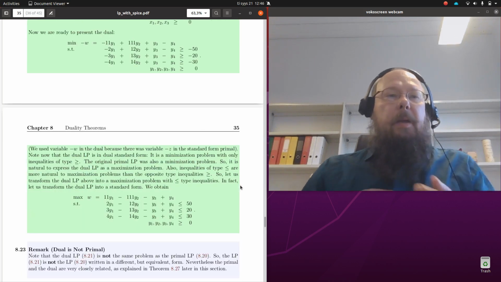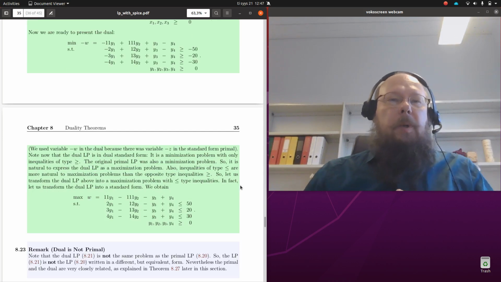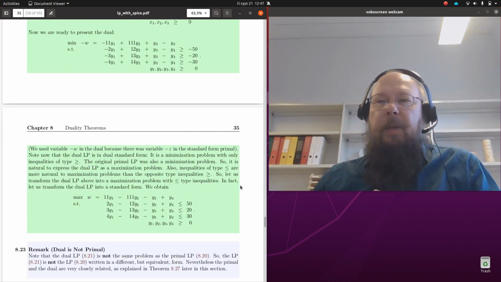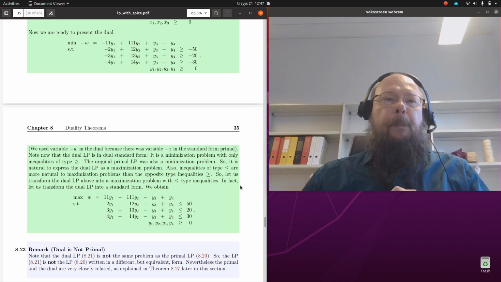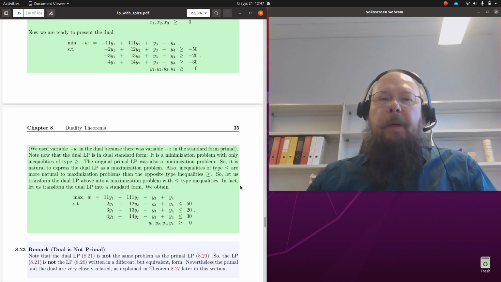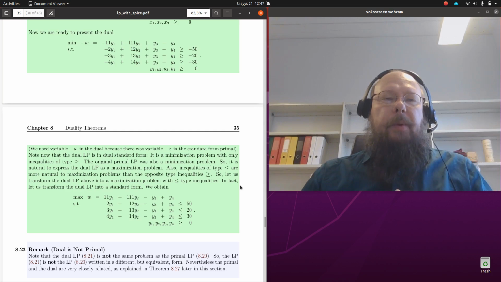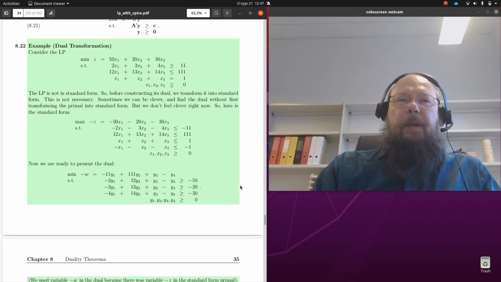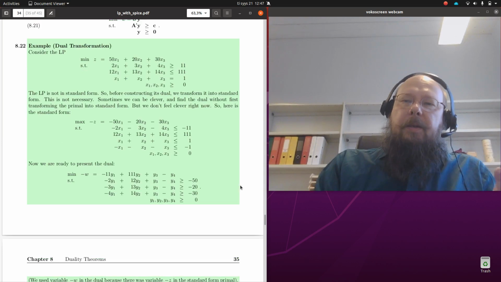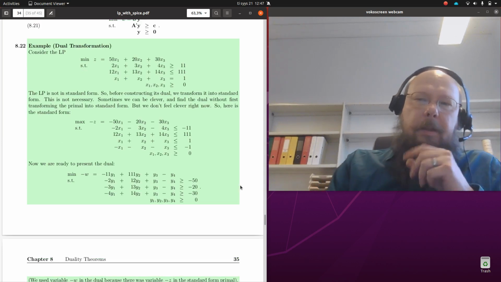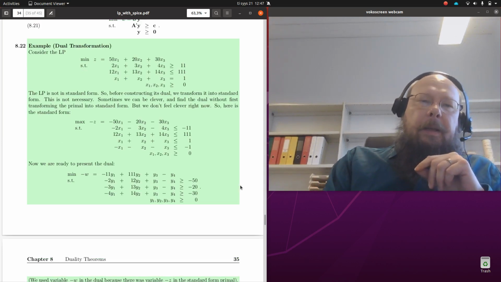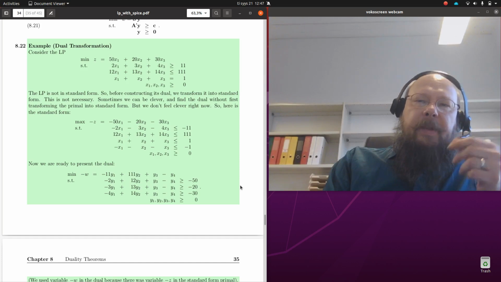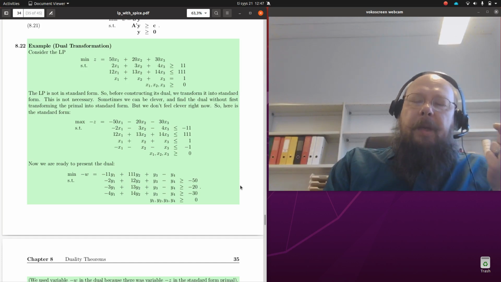Okay, I should point out a small thing that is unnecessary, but maybe important to note here: we actually started with a primal that's a minimization and turned it into a maximization, and then figured out its dual to be a minimization.